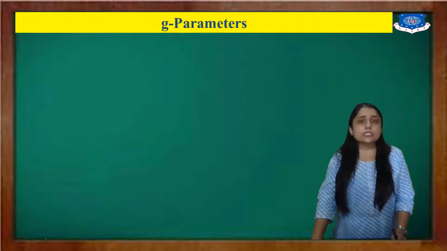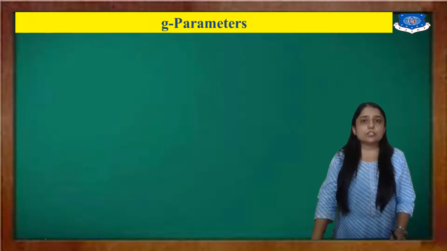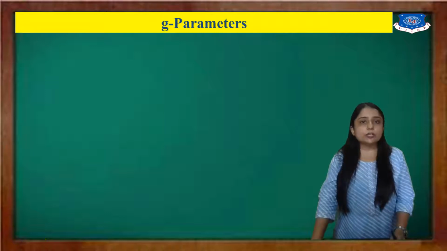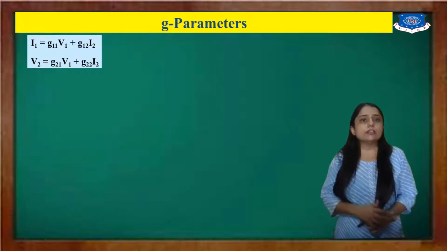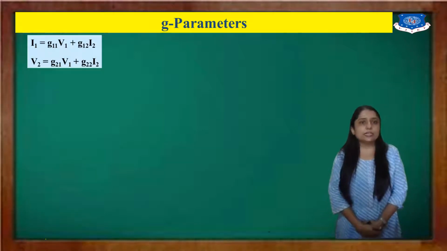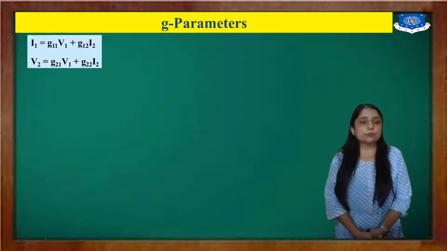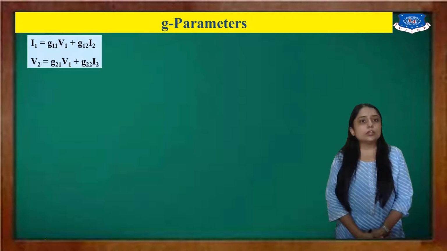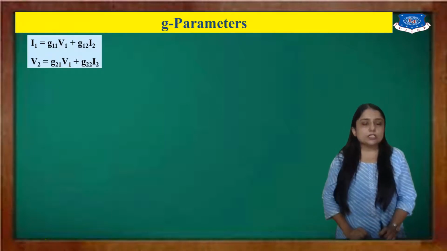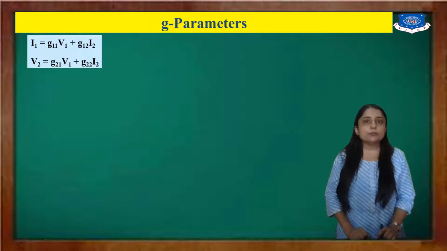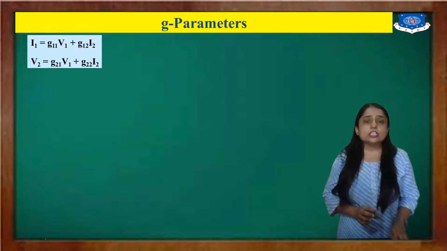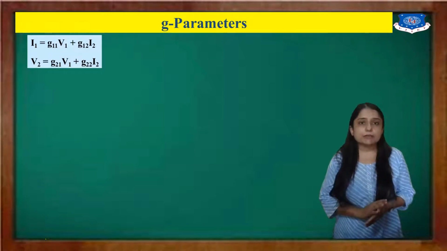As we discuss in each and every parameter, first of all what do we require? We require two equations. Here my equations are I1 equals G11 into V1 plus G12 into I2, and V2 equals G21 into V1 plus G22 into I2. The H and G parameters are inverse parameters.